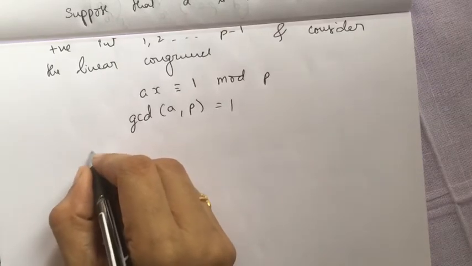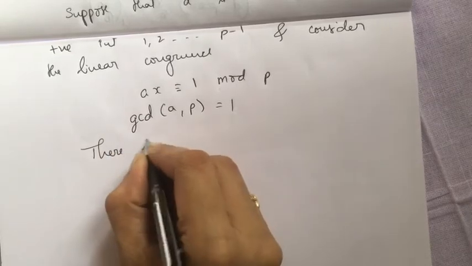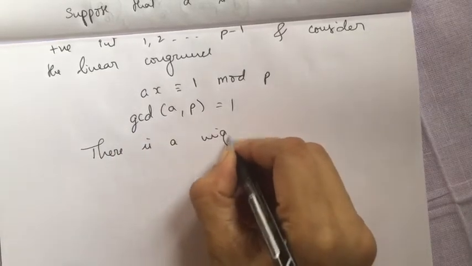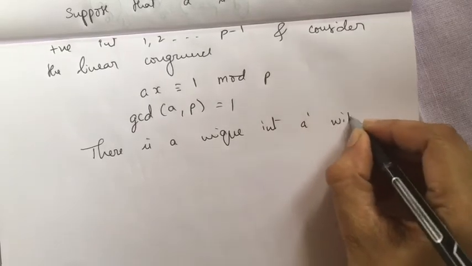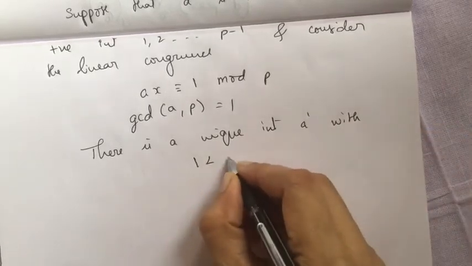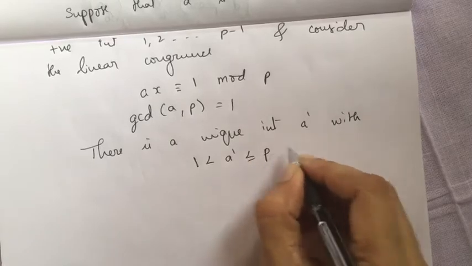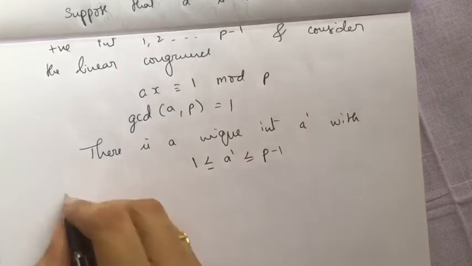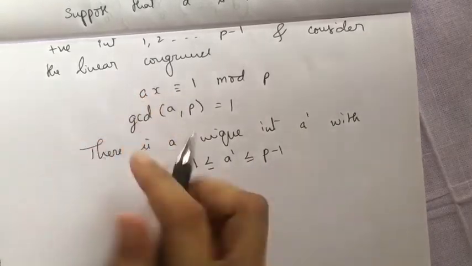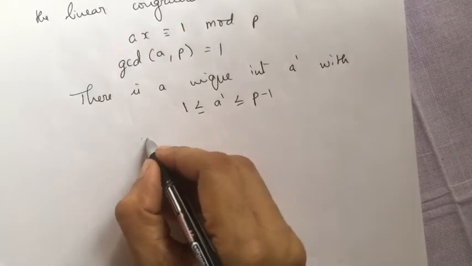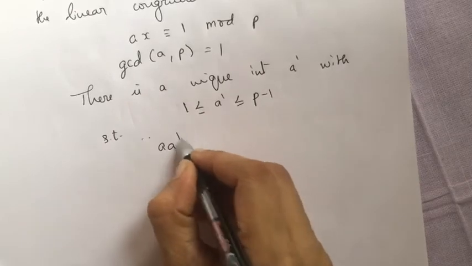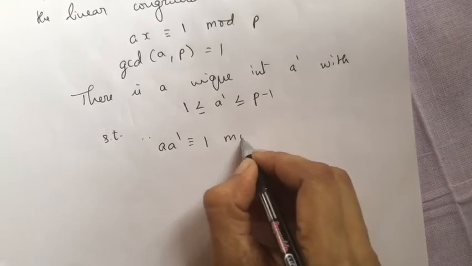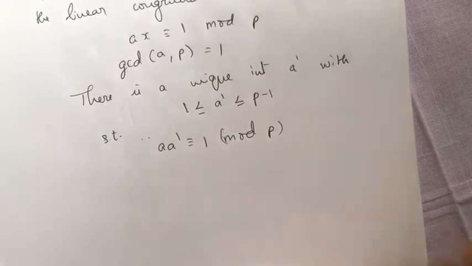So there is a unique integer a dash, lying between 1 and p minus 1, which satisfies this linear congruence relation, such that a a dash is congruent to 1 mod p.